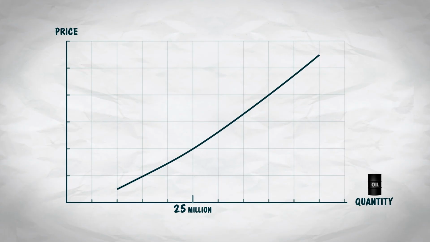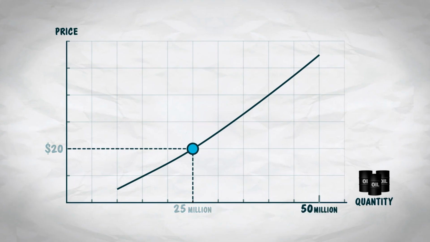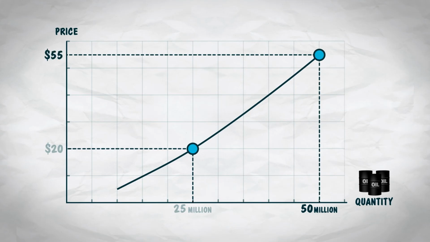To find the answer, we read up vertically to the supply curve and then over to find that suppliers must be paid at least $20 per barrel to produce 25 million barrels per day. So how much must suppliers be paid to produce 50 million barrels of oil? To produce 50 million barrels of oil per day, suppliers must be paid at least $55 per barrel.